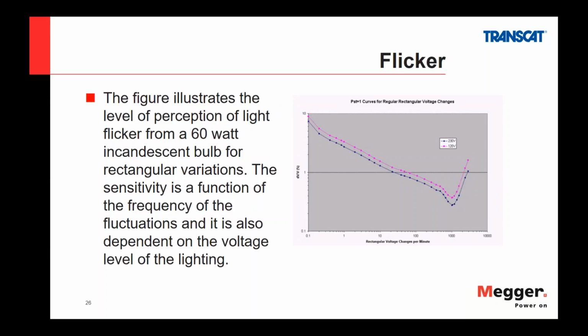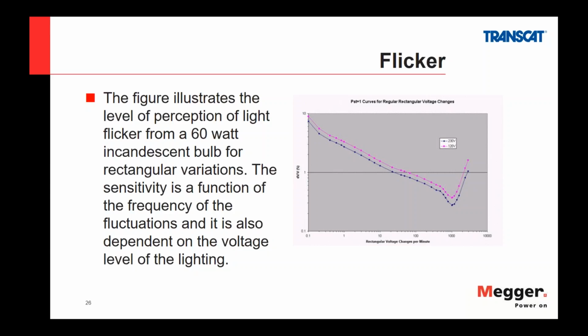This figure illustrates the level of perception of light flicker from a 60-watt incandescent bulb. The sensitivity is a function of the frequency of the fluctuations, and it depends on the voltage level of the lighting. The human eye is most sensitive to incandescent lamp flicker at a rate of 8 Hertz.